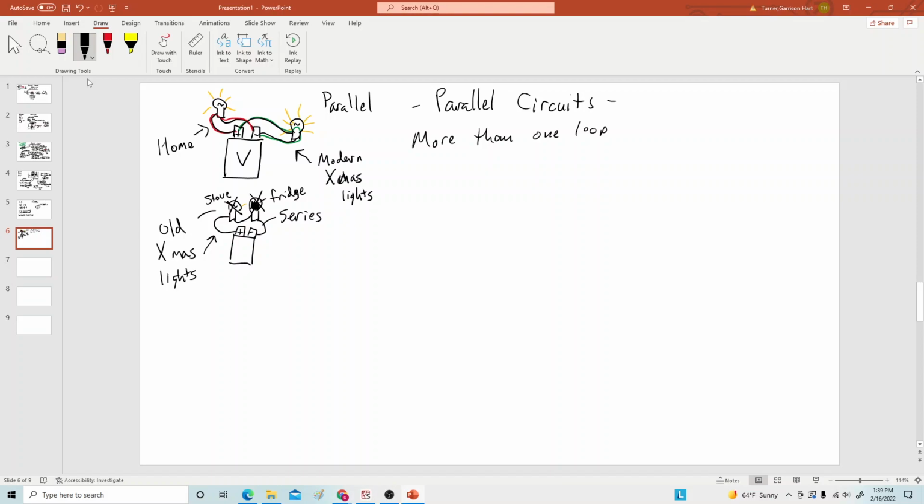Whereas if you have things wired in parallel, if this is a fridge, and this is your stove, if your stove shorts out, your fridge keeps working and you don't have to worry about your food spoiling. So there are advantages to this system.